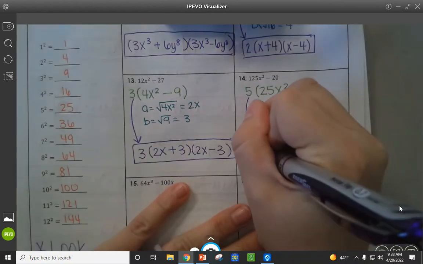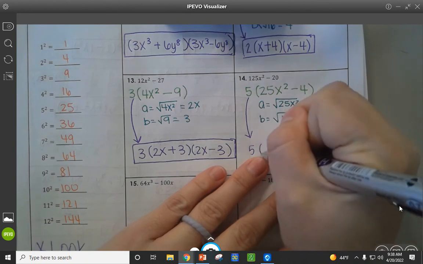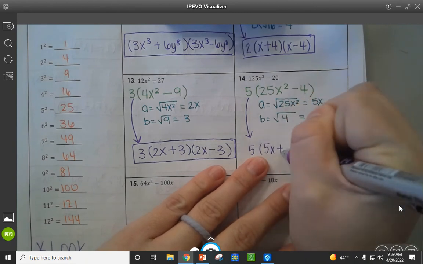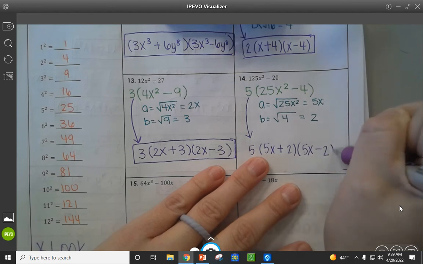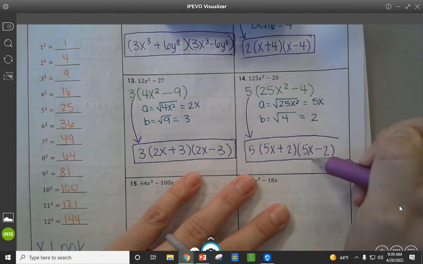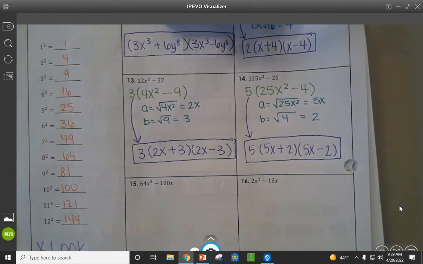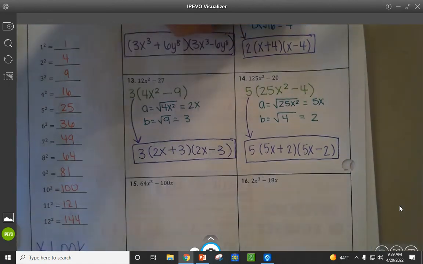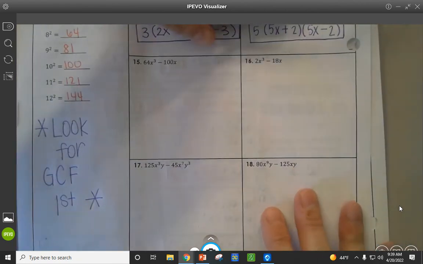So my answer is 5 from the GCF, and then 5x plus 2, 5x minus 2. All right. We're going to do 2 more. Let's do number 15, and then we'll do 17.